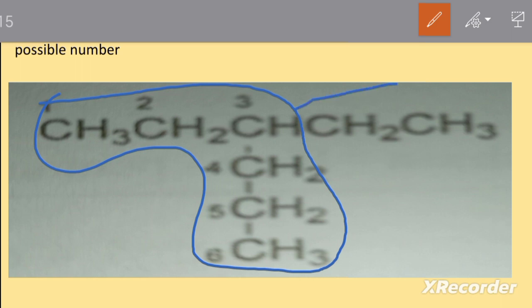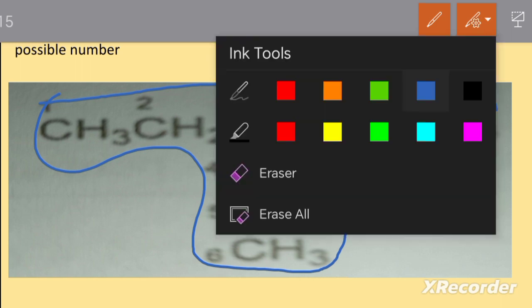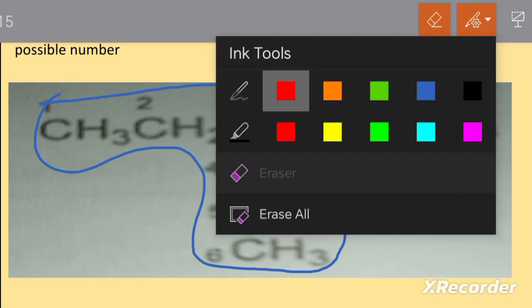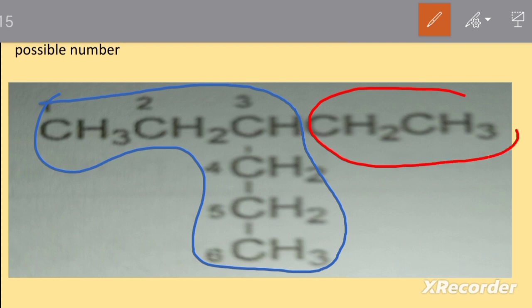There is a substituent group, you can see, an alkyl group attached. Here this is the longest carbon chain and an alkyl group is attached to one of these carbons. So I can number this longest carbon chain in two ways.